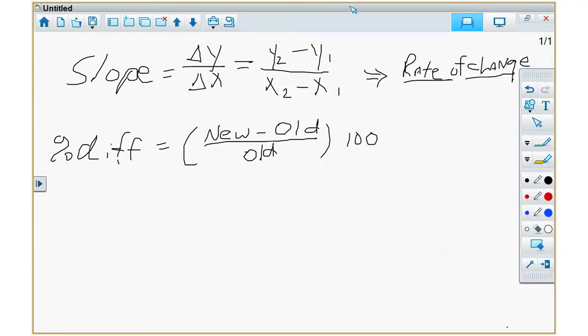There's one other formula you might need, and that's called the point slope equation. And you've seen this in algebra. This is kind of a little review. 2.1 and 2.2 is a little review over algebra as far as graphing. Point slope equation is y minus y sub 1 is equal to m times x minus x sub 1.